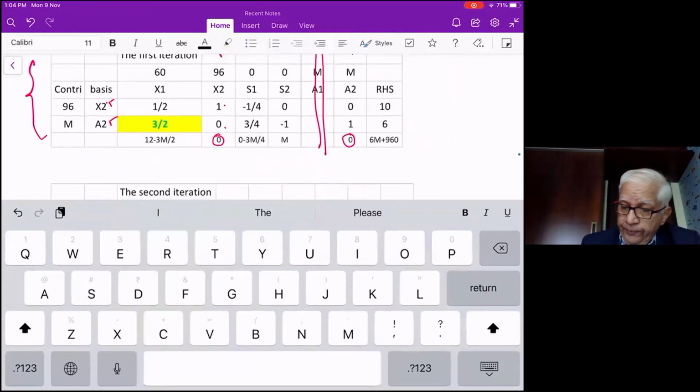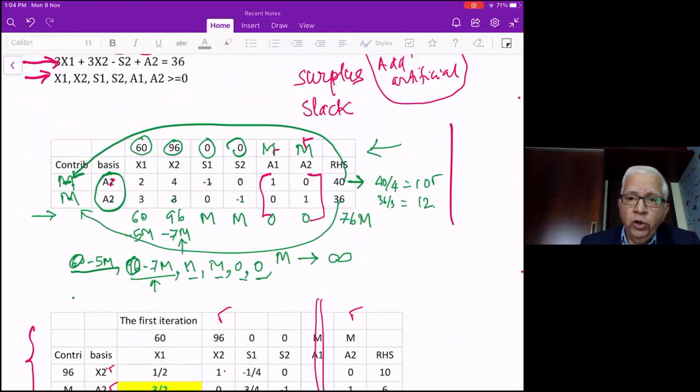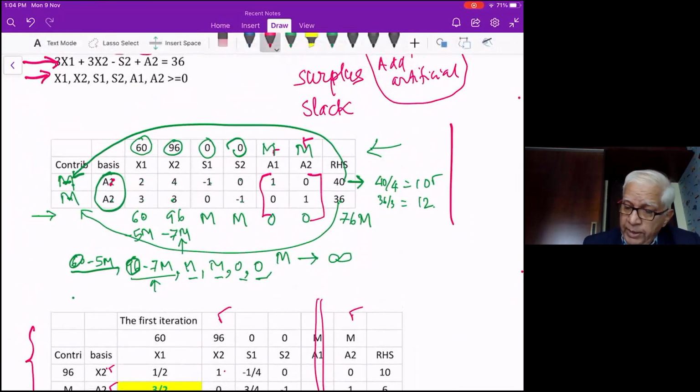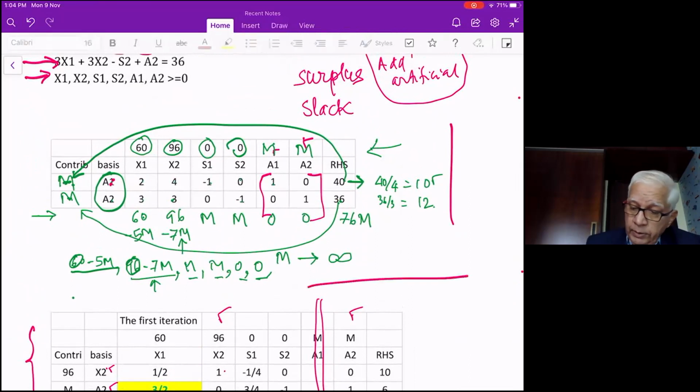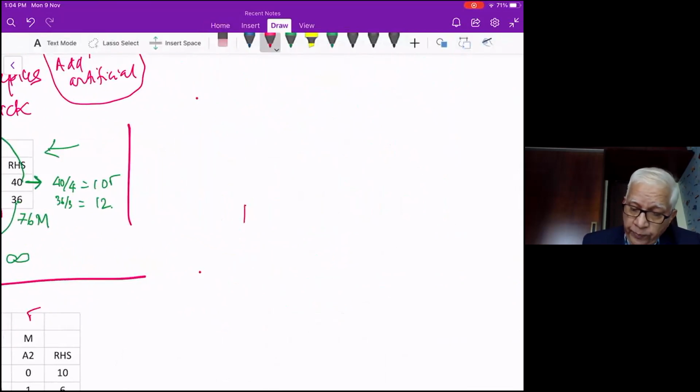Okay, fine. Now see, 10 is the lowest key ratio, the lowest division of RHS upon a number in the key column. Therefore, the first row is the key row. Therefore, what is the formula for the first row? I'll write the formula. New number is equal to old number divided by key number.